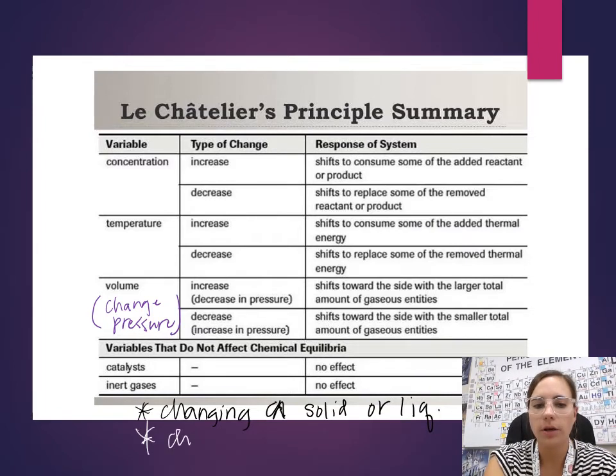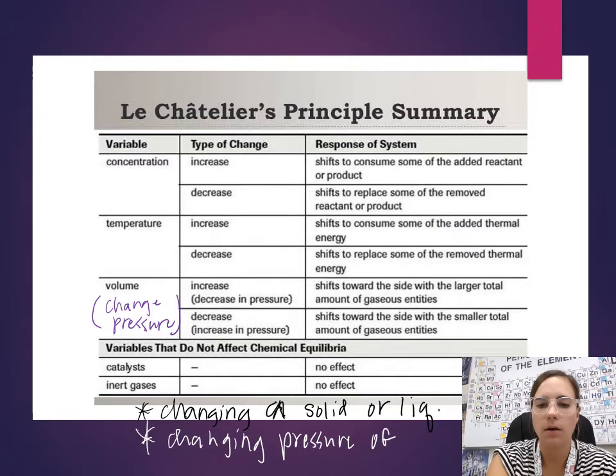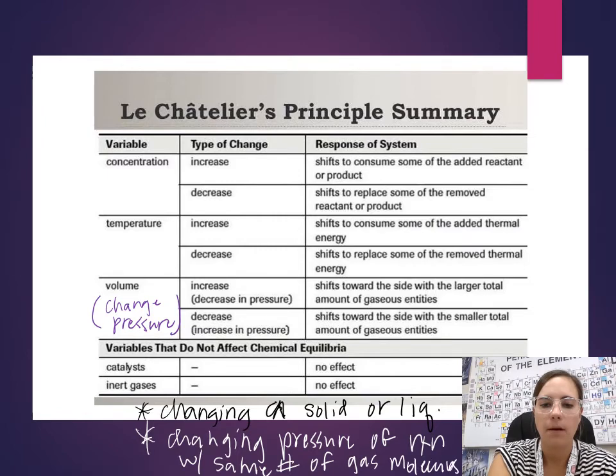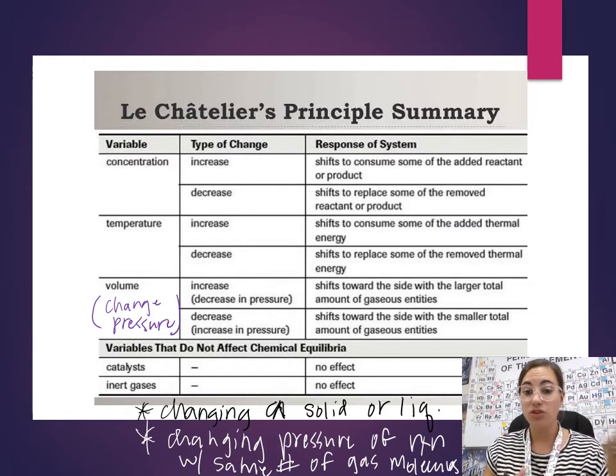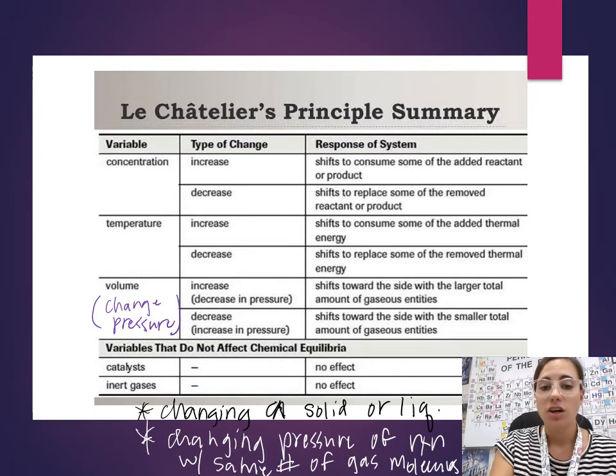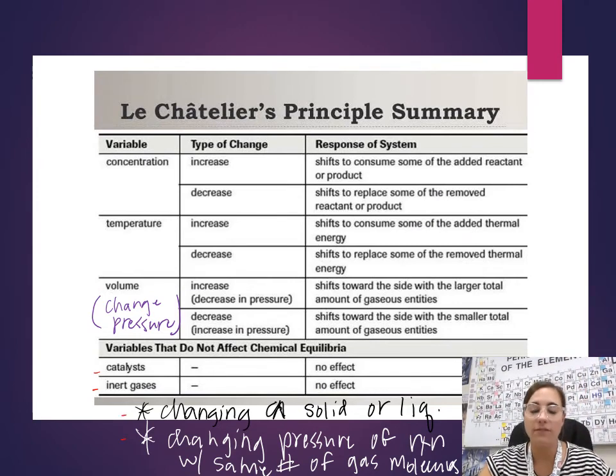Or we could say changing pressure of a reaction with the same number of gas molecules on both sides. So remember how we said if there's 2 in the reactants and 2 in the products, there's no way to shift to a side with fewer gas molecules, so that's no change. So here are 4 scenarios where you could have no change.